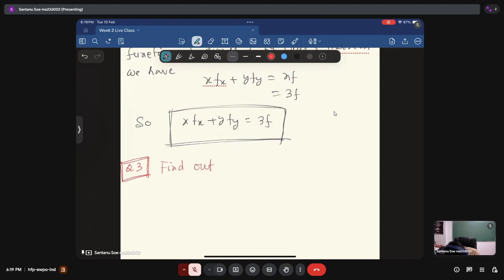Find out the Jacobian del(u,v) divided by del(x,y), where u equals e to the power x sin y, and v equals x ln of sin y.